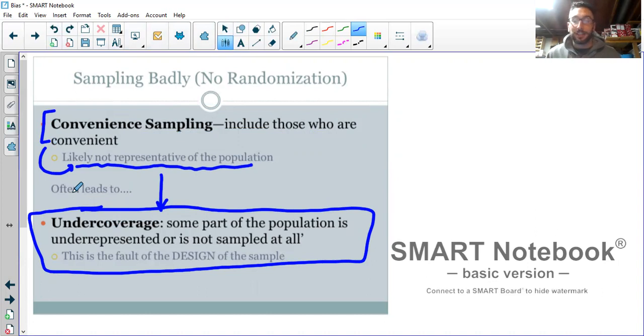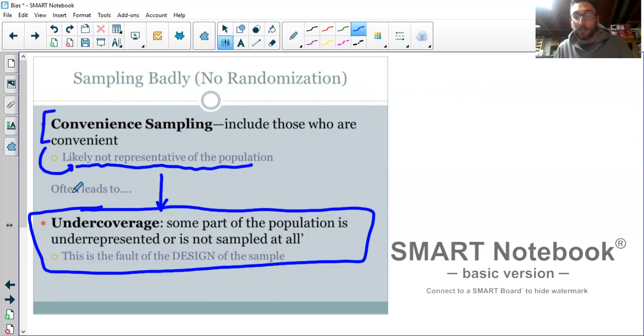So back to surveying our classmates in AP Stats. If I just survey my AP Stats classmates, I'm never going to survey a freshman, right? They're never going to have the opportunity to respond. I have undercovered freshmen. Or there's only less than 5 sophomores who take AP Stats for us this year. Sophomores are probably about 25% of our whole school. But if you just survey your classmates, you're not going to have a sample that's 25% sophomores.